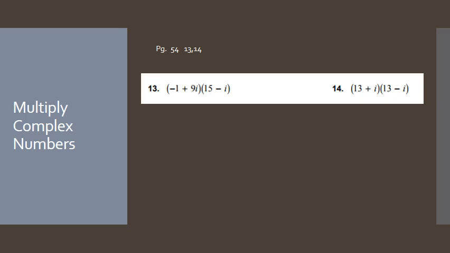So basically this is going to be a full problem. So we distribute the first term. That would be -15, negative 15 and then plus negative 1 times negative I is positive I. Now we're going to do the non-I times 15, distribute that to everything.